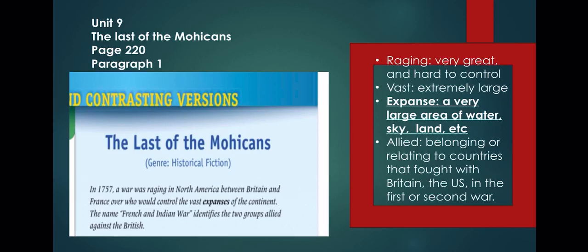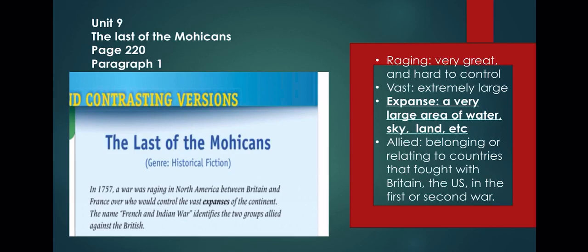So you have the French people and the Indians, they allied together. And actually, we use the word allied in history, in wars, especially in the Second and First World Wars. So this word is used in wars particularly.